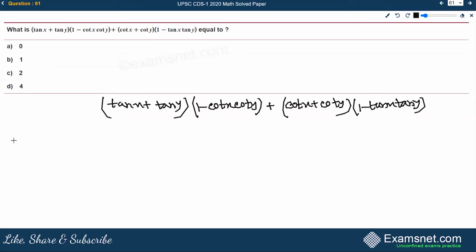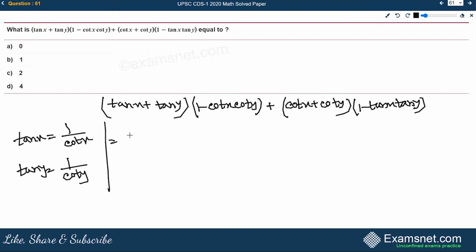We are going to use the formula that tan x is the reciprocal of cot x. Also, tan y is the reciprocal of cot y, and vice versa. Cot y is the reciprocal of tan y.